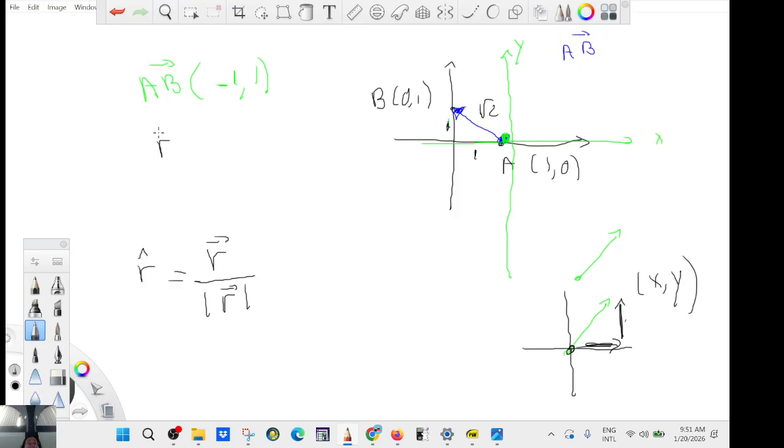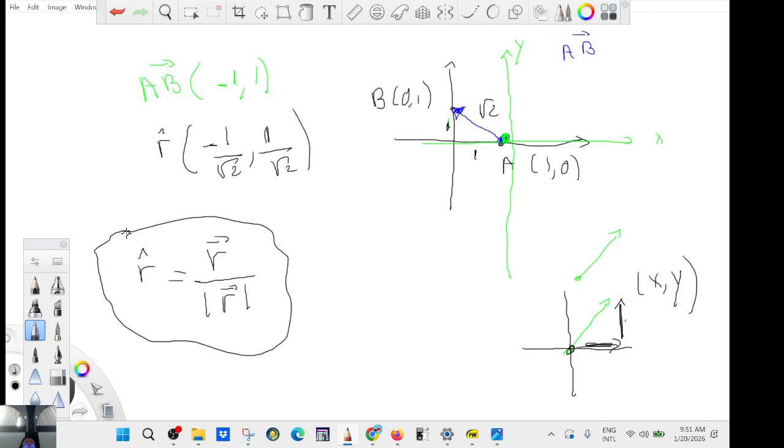So the unit vector will be -1 over the square root of 2 here, and then 1 over the square root of 2. I'm just applying this. What's the meaning? It means that you have a hat here, and the magnitude is 1. Agree? So just a review.